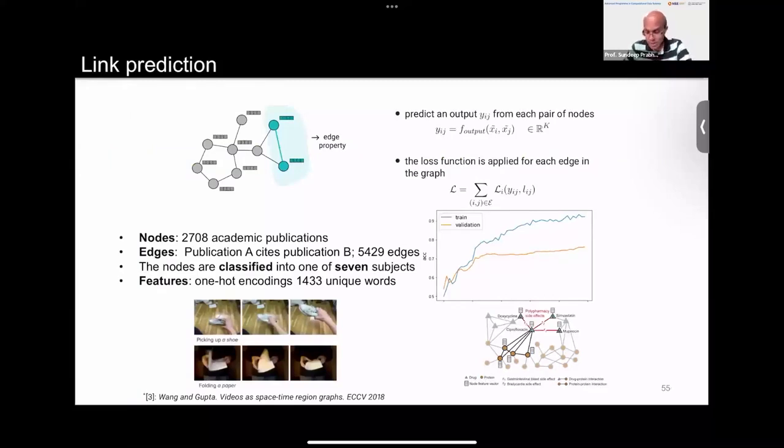The final example that I have is link prediction, which is a prediction of links between users in a social network. So here, one simple thing that you could do is, suppose I have the embeddings that I learned from a GCN. Now, if you want to predict if there is a link between these two nodes, a simple decoder could be to measure cosine similarity between these two, or it could simply be a logistic function of the inner product between these two.